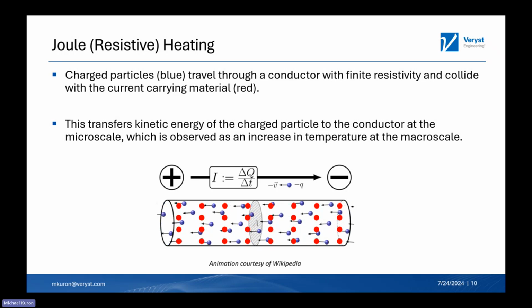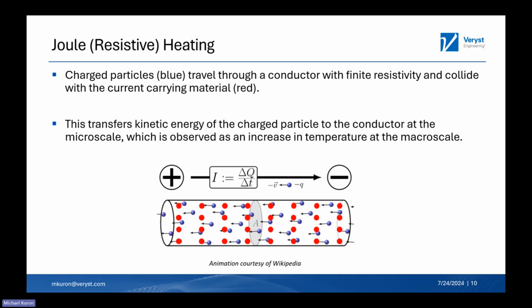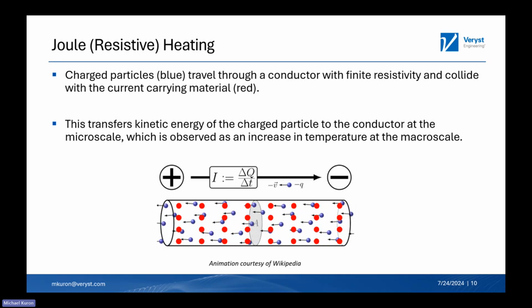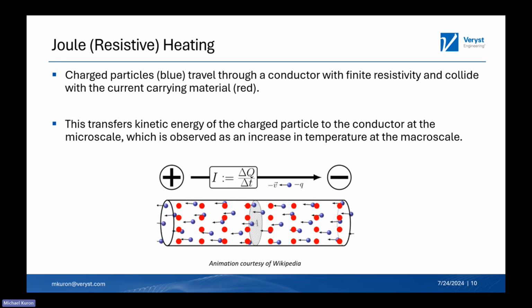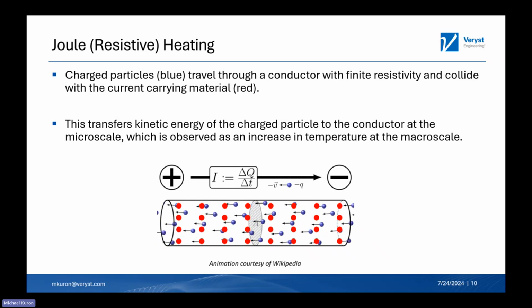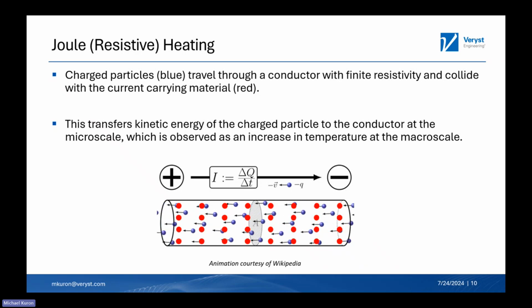So let's look at a pictorial of how these mechanisms work. The first mechanism that we mentioned is the Joule or resistive heating. In this case, charged particles, which we indicate in blue in the animation here, travel through a conductor that has a finite resistivity or finite conductivity, and they collide with the current carrying material. And so that's the dots in red.